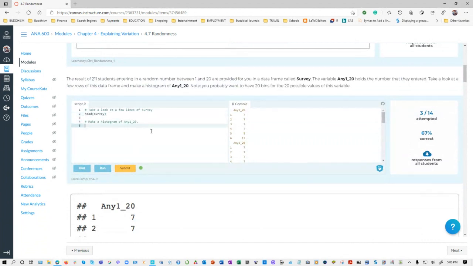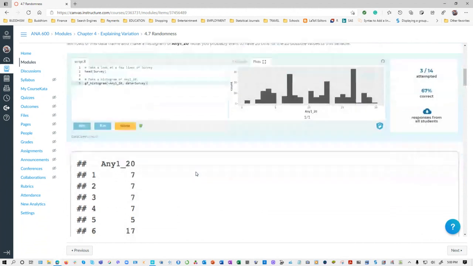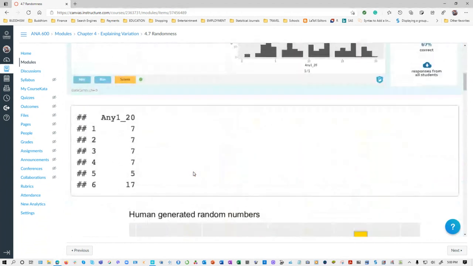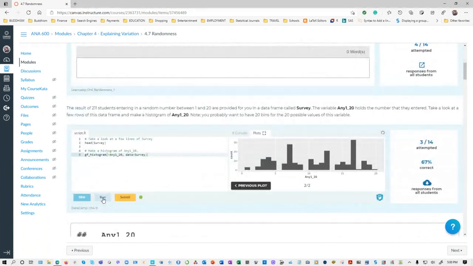How do you make a histogram? gf_histogram, and you put a tilde to send that variable to the x-axis. The variable name is any number 1 to 20, with the data coming from survey. Let's do this one again.